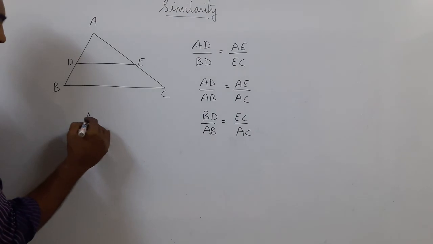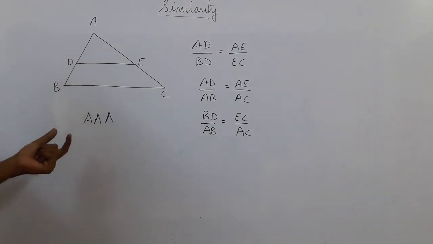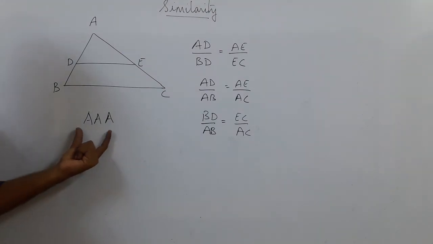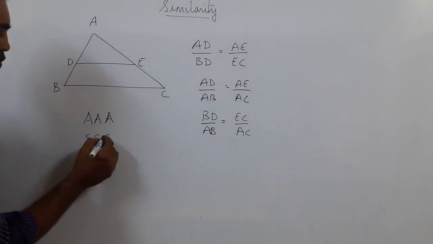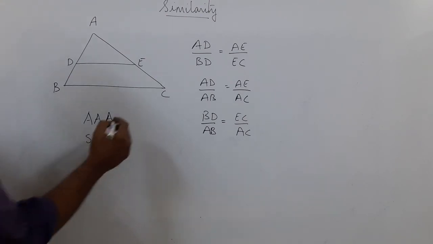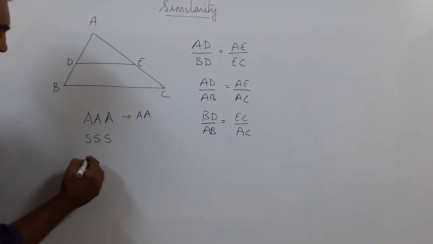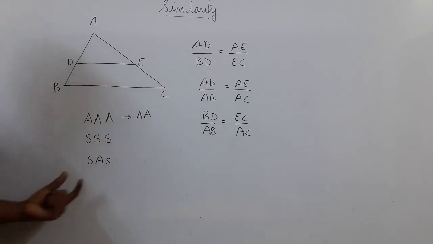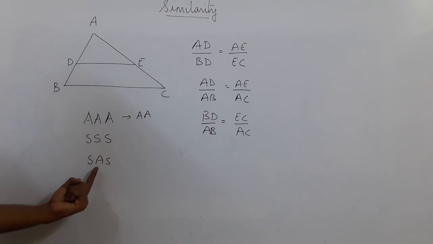Then we did the AAA similarity criterion. If the corresponding angles of two triangles are equal, the triangles are similar. The AAA short down to AA, and then we had the SSS. If the corresponding ratios of the sides of two triangles are equal, the triangles are similar. And SAS: if the corresponding sides of two triangles are in the same ratio and the included angle is equal, then the triangles are similar.